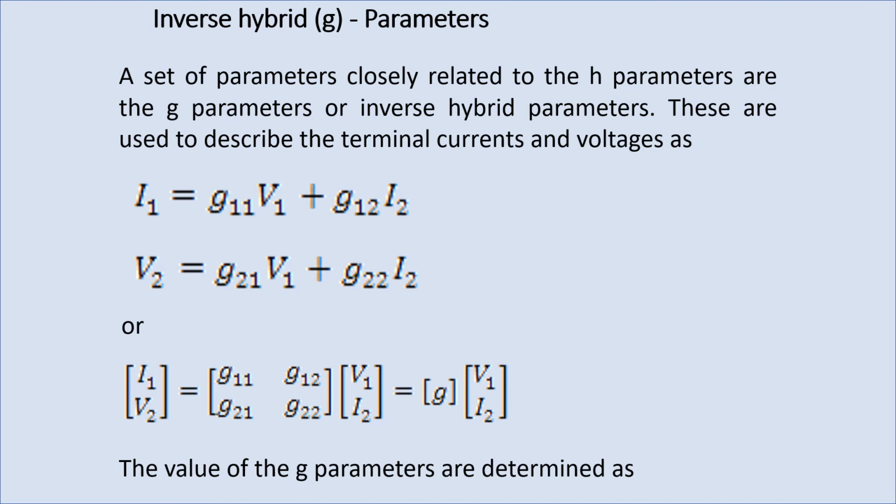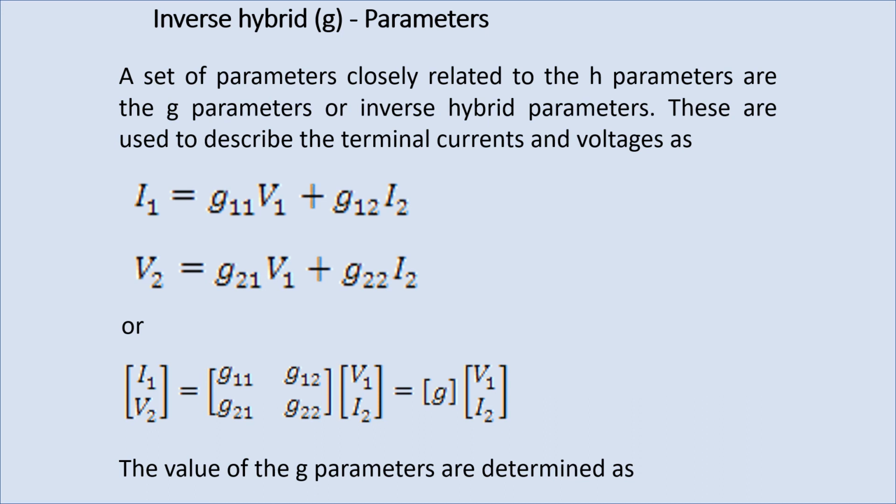I'm going to inverse hybrid parameter. Inverse hybrid parameter is also called G parameter. As admittance parameter is to impedance parameter, so is G parameter or inverse hybrid parameter to hybrid parameter.